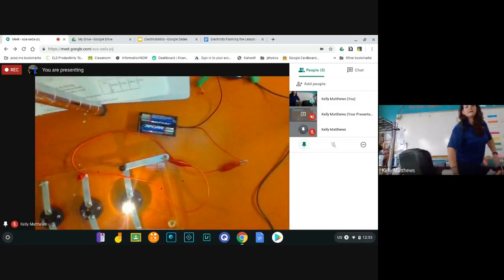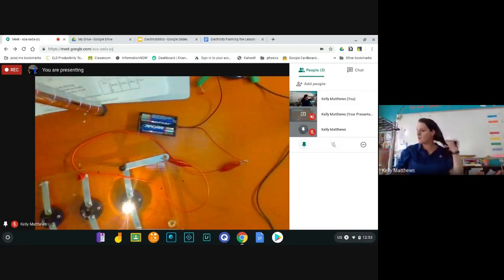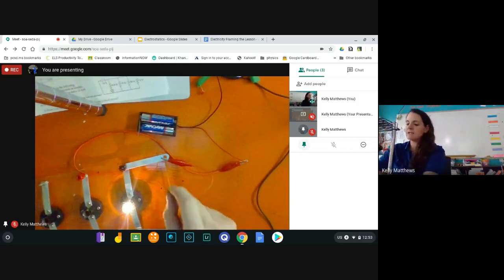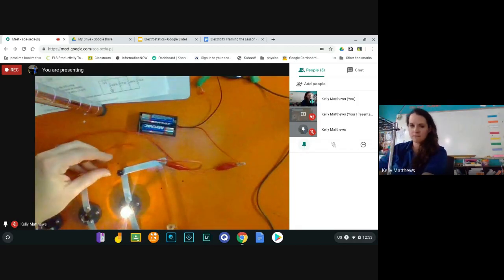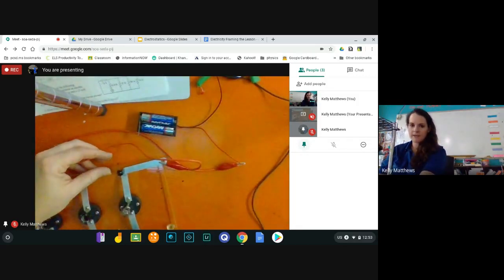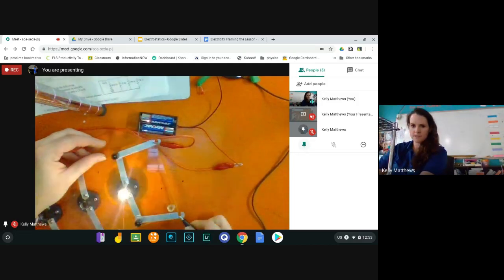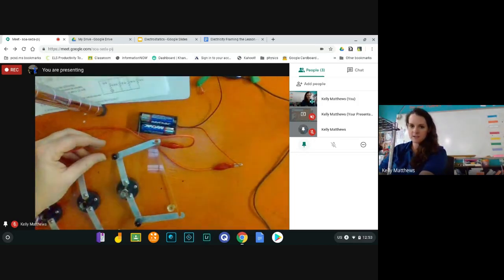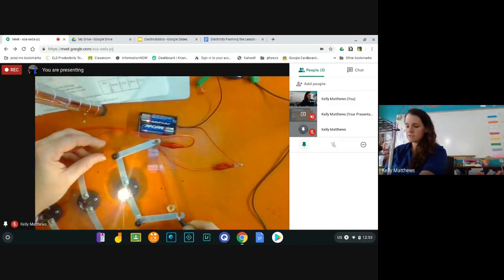Though maybe with the light bulb you can see it a little better. So the series circuit. Now, if I break just that spot, so what I did was it was connected and now it's not. I broke that one spot, and so there is no longer a way for the current to travel. So it doesn't. And so that's a series circuit.